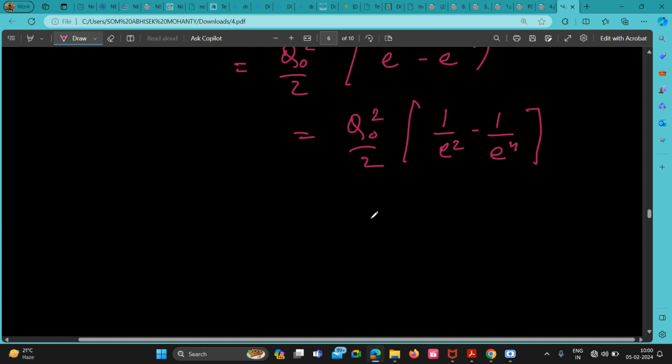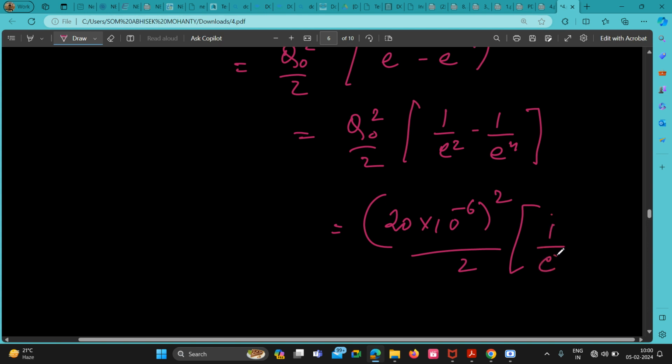Okay, so Q naught is how much? Q naught is 20 microcoulomb, given in the question. 20 times 10 to the minus 6, square, by 2, times 1 by e square minus 1 by e fourth. Okay, so e value is 2.7 or something, and you just put it there.